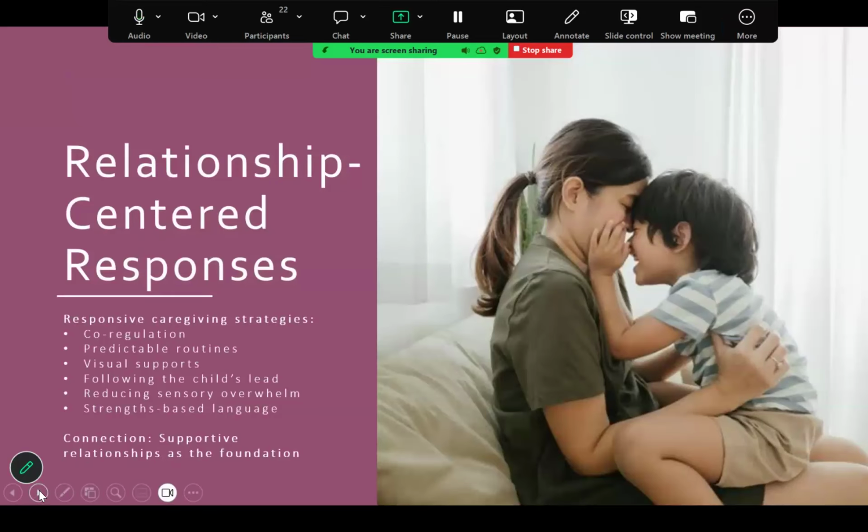May I say something? Yeah. I believe also it's how the caregiver or the professional, not knowing what is going on with the child, does not know how to regulate.